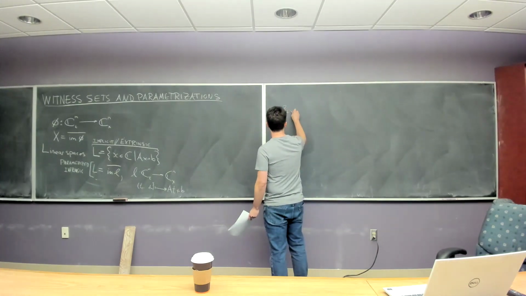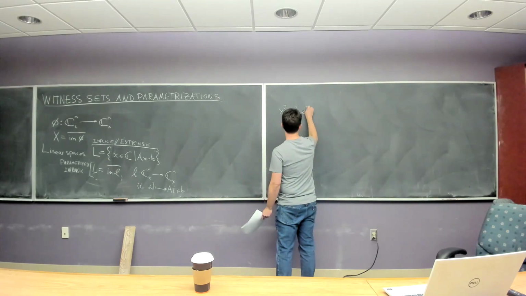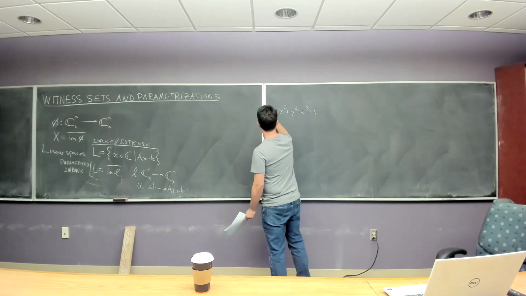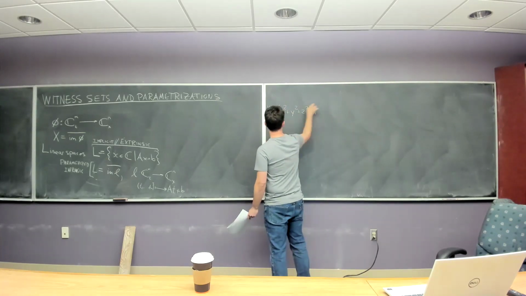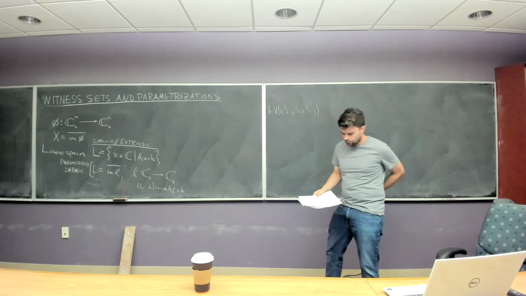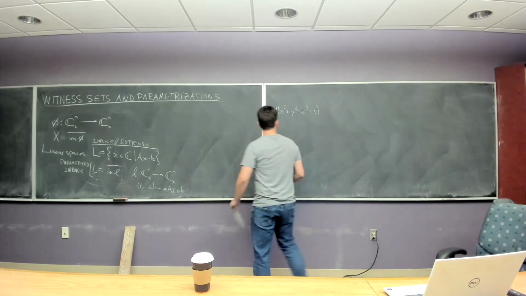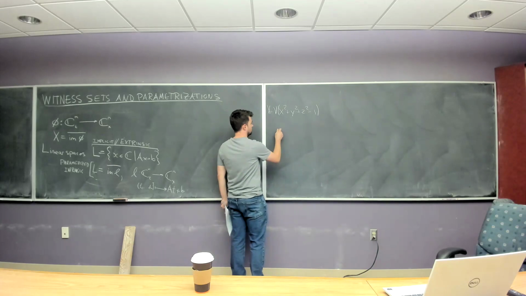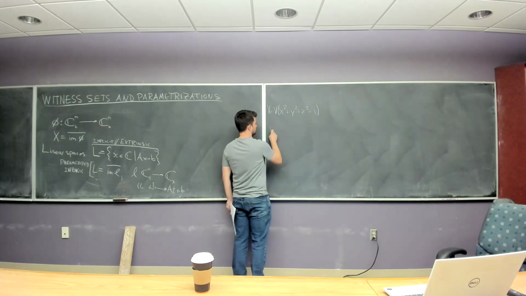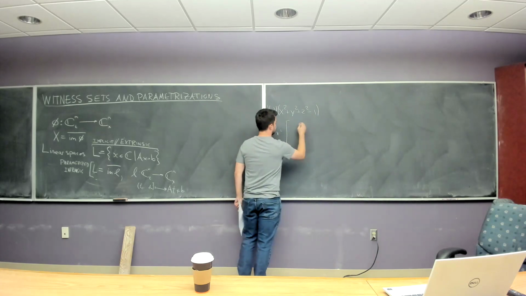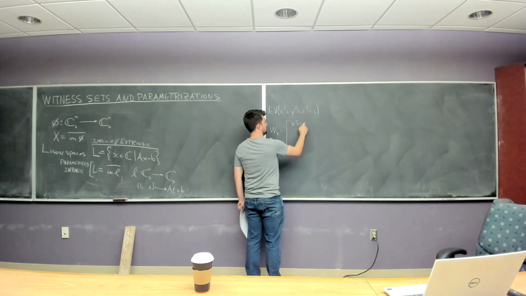So let's take the sphere. And the parameterized polynomial system you would have to solve to get a witness set for the sphere would be this.